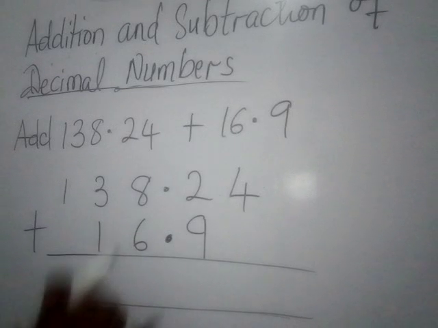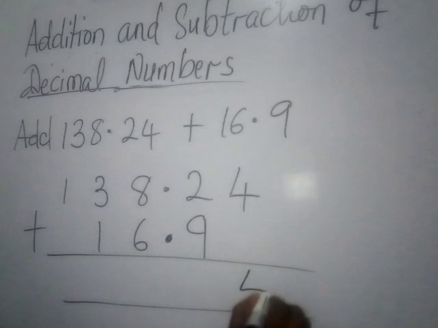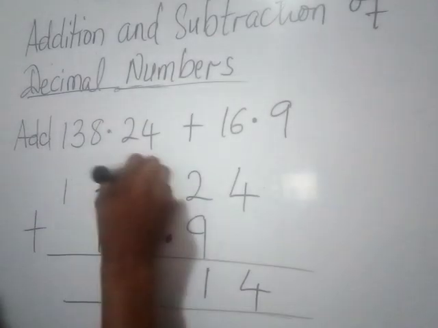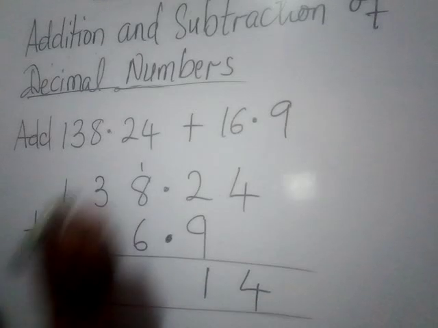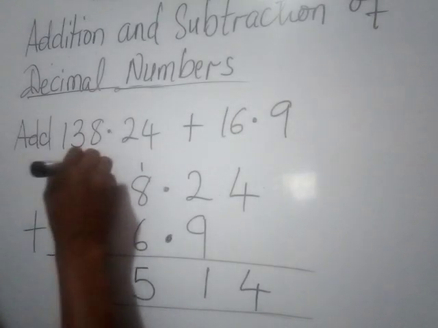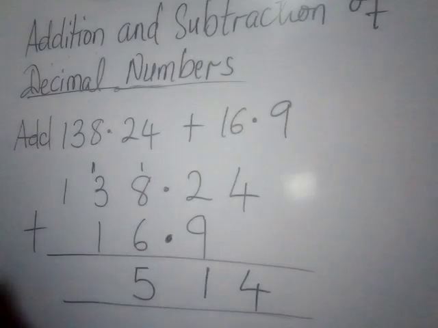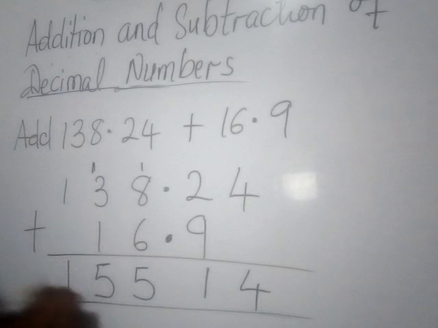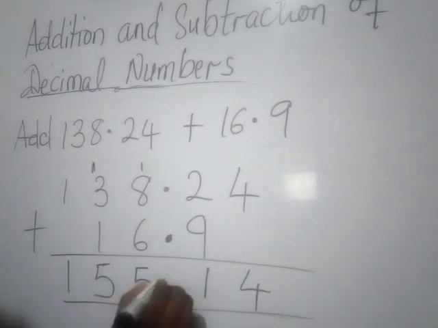So now that we have arranged, we can add 4 plus nothing is 4, 2 plus 9 is 11, so we bring 1 here, right? 1 plus 8, 9 plus 6 is 15. We write down 5, we bring down 1. 1 plus 3, 4 plus 1, 5, and 1 plus nothing is 1. So remember your point, you bring it down.